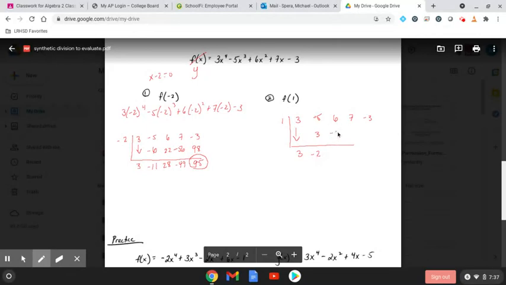We multiply, we add, we multiply, we add. Multiply again, and combine that last column. So again, your answer is right here. It's the last thing you get, and it's 8. That means for this function, when x is 1, y equals 8.